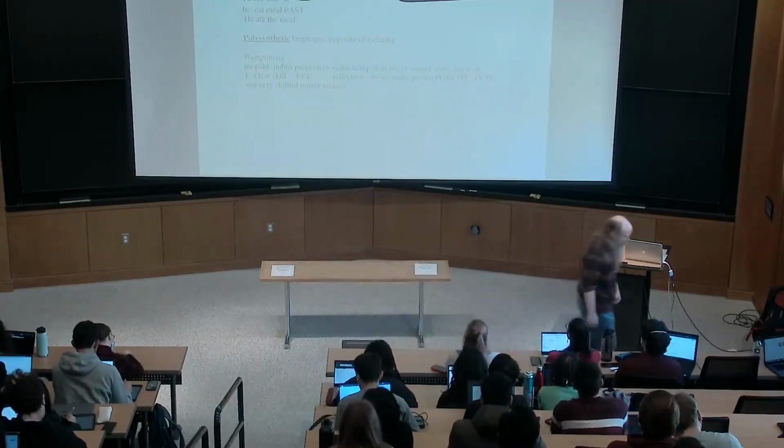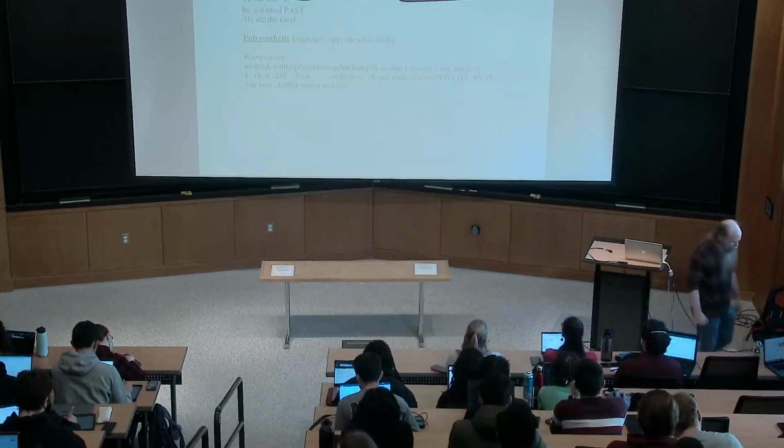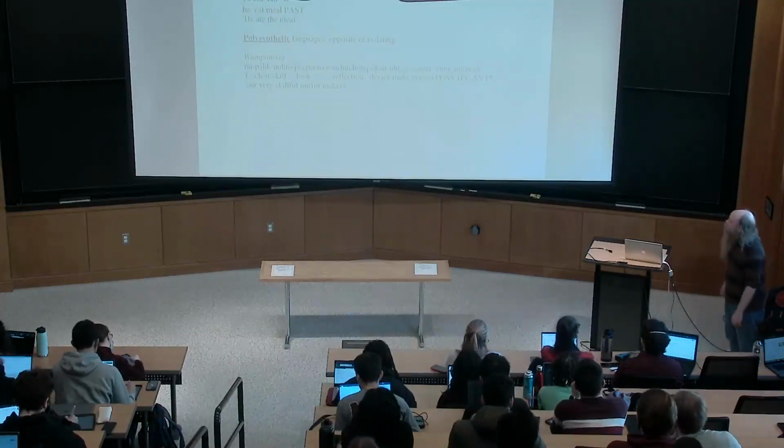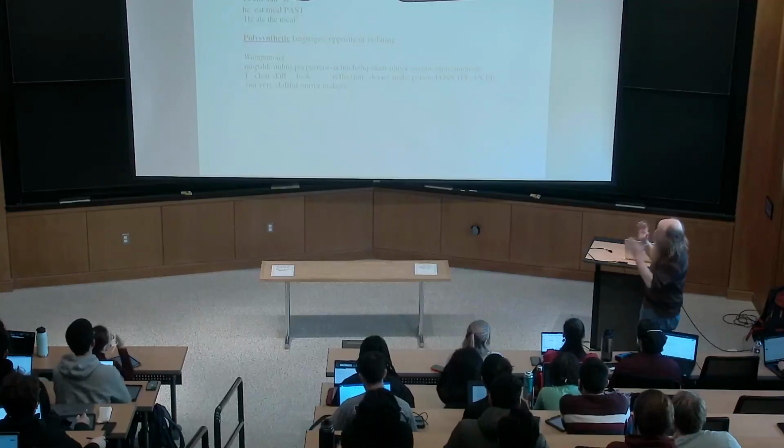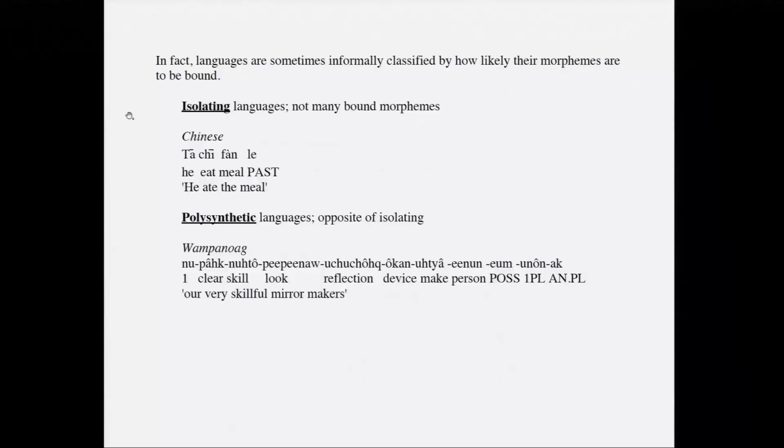He was asked, apparently, by the person he was writing the letter to give him the longest word that he could in Wampanoag. And this is what he came up with. It means "our very skillful mirror makers." And as you can see, it consists of lots and lots of morphemes, all piled on top of each other. He kind of cheated by putting "mirror" in the middle of that. So mirror itself is a morphologically complex word. In Wampanoag, it means device for looking at your reflection. So look, reflection device.